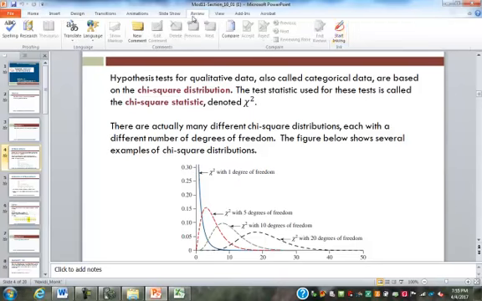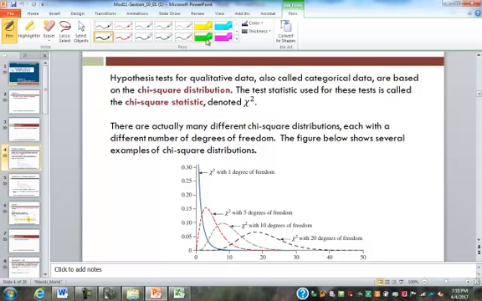You can see here that for 1 degree of freedom, it is actually a single curve. It's not even a hump. And then as we get to 2 degrees of freedom, or 5 degrees of freedom, it gets a hump with that long tail skewed out to the right. And at 20 degrees of freedom, it's starting to almost look symmetrical.